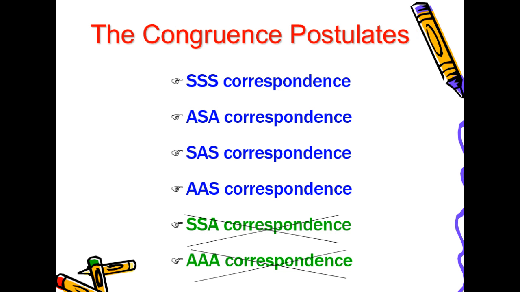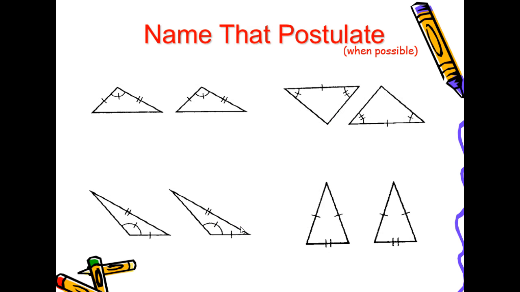Okay, so here they are. Here's our postulates. We got SSS, ASA, SAS, AAS, and we do not have these two. And the only other one not listed here is HL. Let's try these real quick. Let's try these first four. What do you see? See a side, an angle, and a side, and a side, an angle, and a side, all marked nicely for you. This one's SAS.